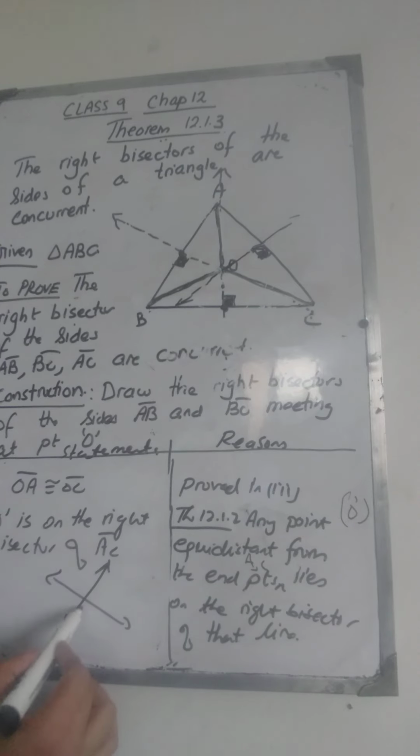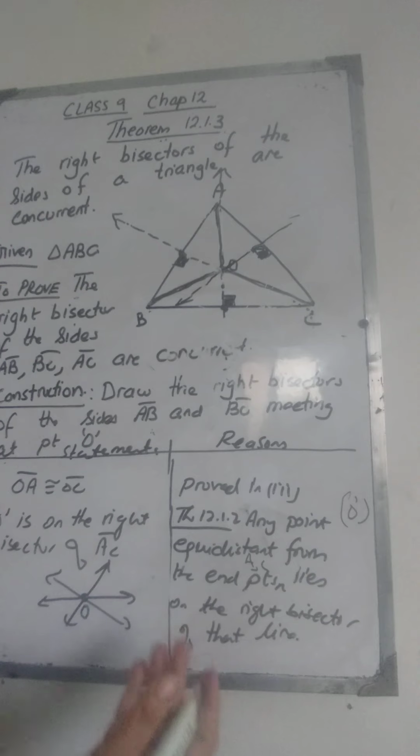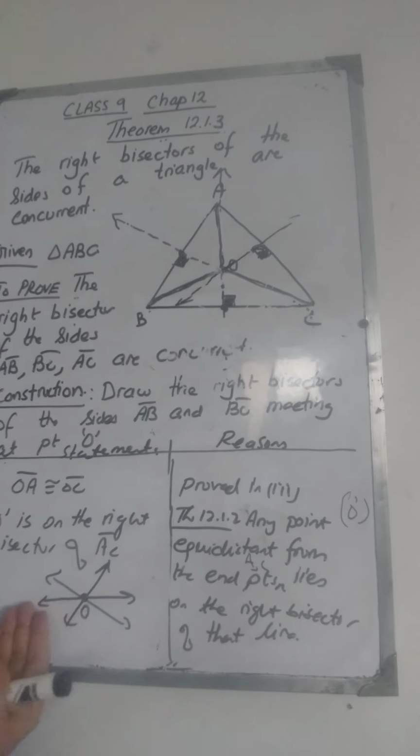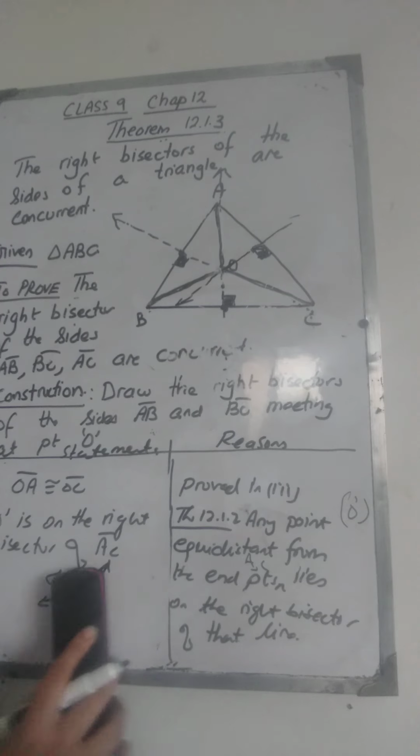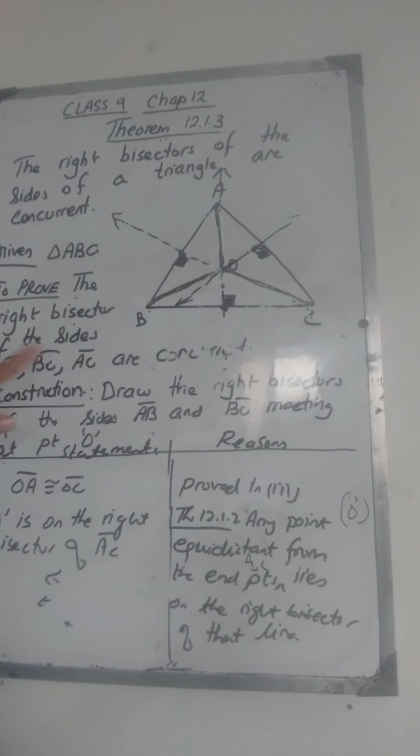We had two right bisectors crossing each other at O, and now we have proved that O also lies on the third bisector, which is the same as saying the third bisector passes through O. So all three right bisectors are concurrent, and that is what we needed to prove: that the right bisectors of the sides AB, BC and AC are concurrent.